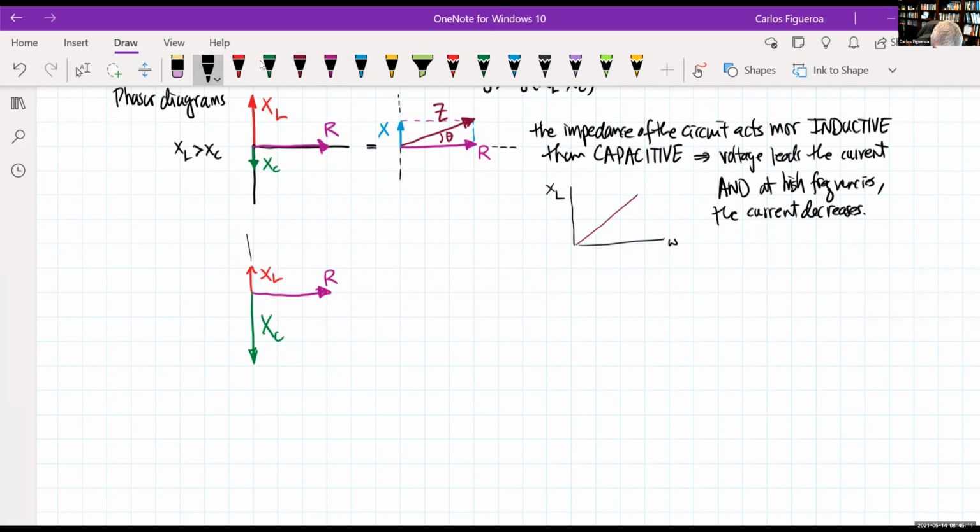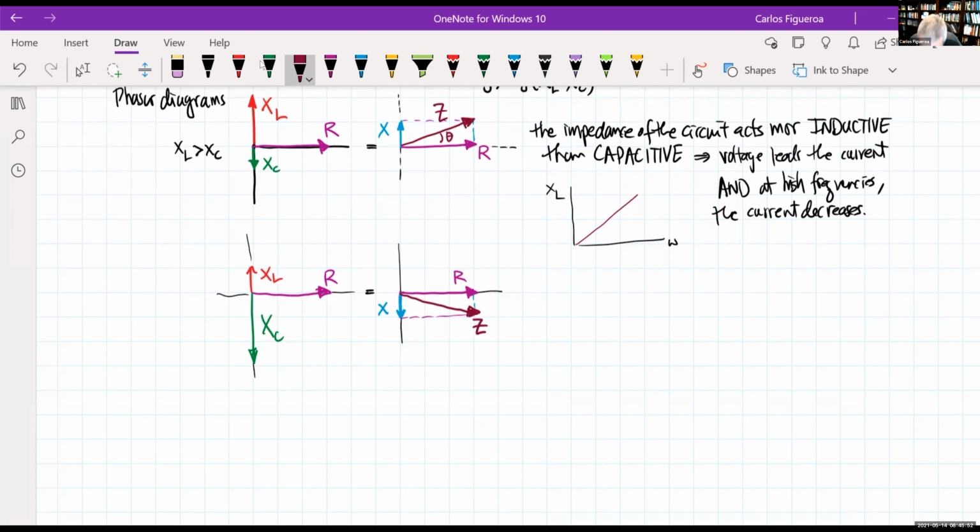So in the complex plane, now I know what the impedance is going to look like, because the reactance XL is now pointing below. And you can see that it's going to be below the axis. In other words, the impedance in this case is now here.